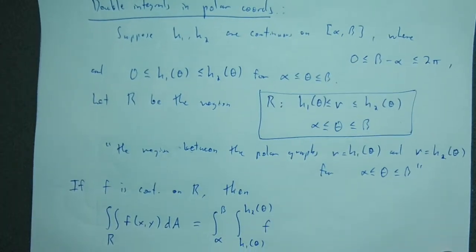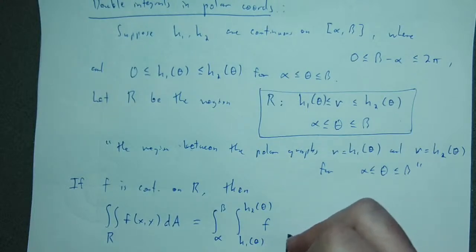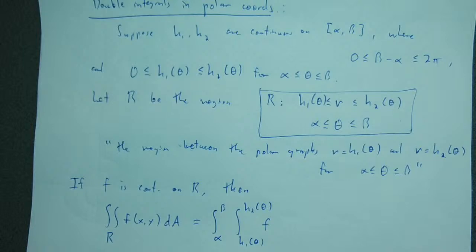Now I'm tempted to write parentheses and then write x and y here. Why do I know that that's going to be wrong? Like, what intuitively is going on here to let me know that I'm not going to write this as an integral of f of x y?